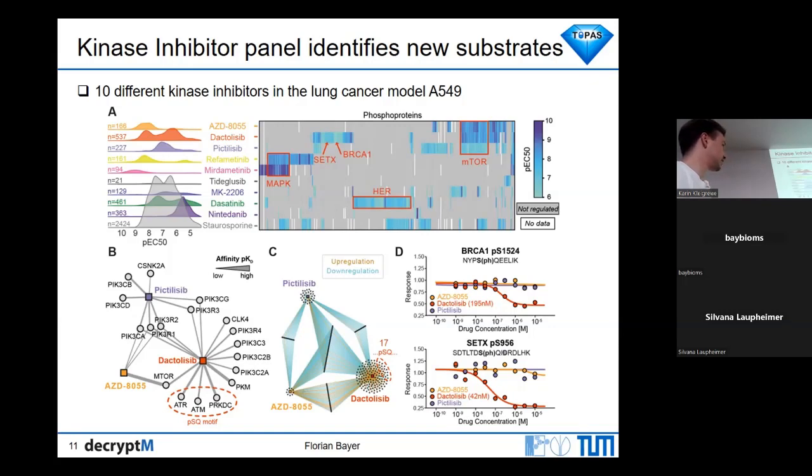Because these are all the 3 kinases that are thought to be similar, you see there is a subgroup of kinases which is specific for dactolisib, and they all have this SQ motif. And if you now go to our Decrypting data, we also see that this SQ motif is exclusively enriched in this pattern.